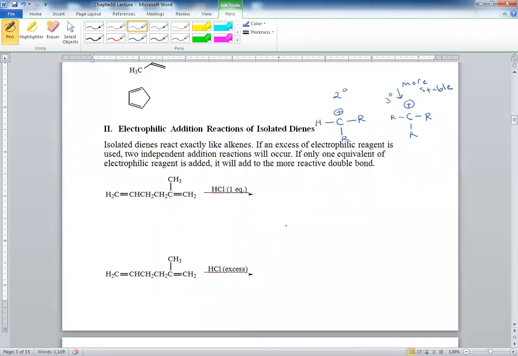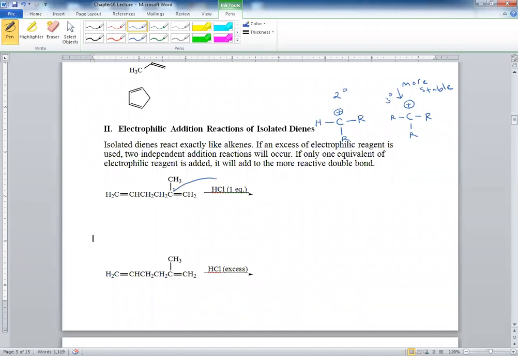So really quick, you have this reaction right here. You have two double bonds, and therefore the reaction, if we have only one equivalent, 1 mole, that's it, you have two possibilities. You can add the H and the Cl to this double bond, or the double bond on the left. Well, we just mentioned that if you have a carbocation, tertiary is more stable.